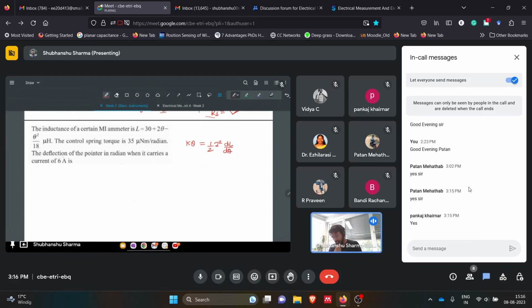They are asking the deflection of the pointer in radian when it carries a current of 6 ampere. Now I need the answer from you for this question. You can write in the chat box.